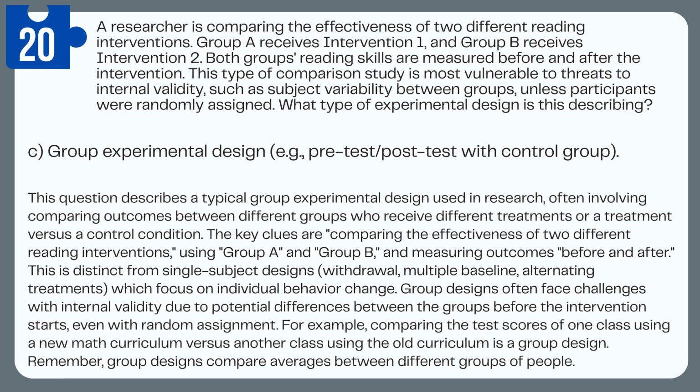The key clues are comparing the effectiveness of two different reading interventions, using Group A and Group B, and measuring outcomes before and after. This is distinct from single subject designs, withdrawal, multiple baseline, alternating treatments, which focus on individual behavior change. Group designs often face challenges with internal validity due to potential differences between the groups before the intervention starts, even with random assignment.